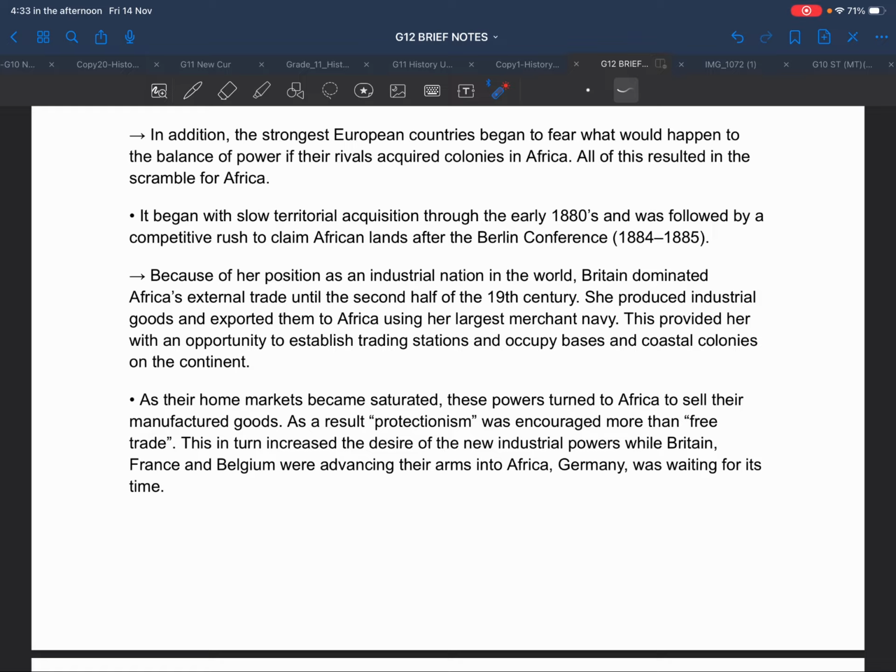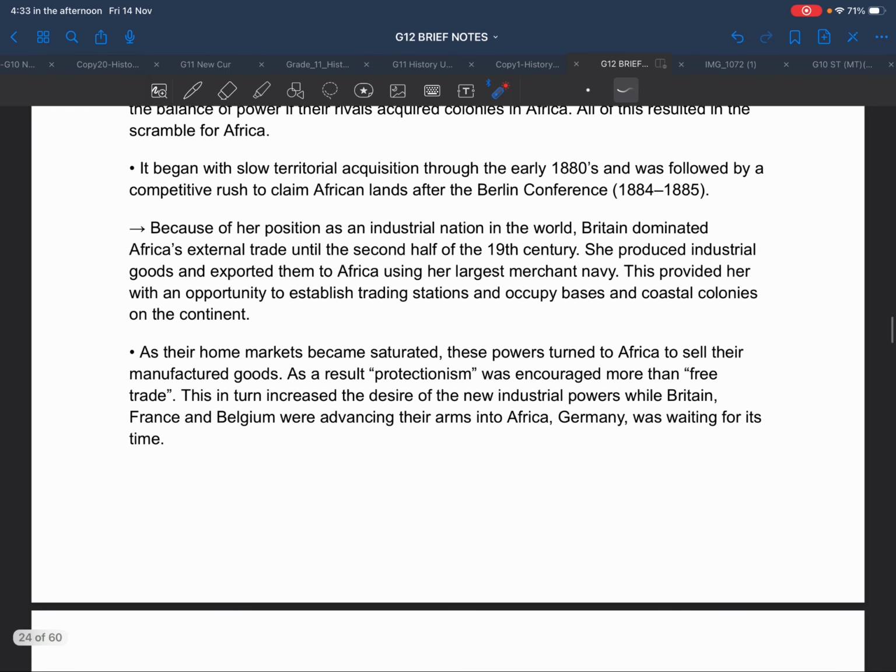It began with slow territorial acquisition, meaning control, through the early 1880s and was followed by a competitive rush to claim African lands after the Berlin Conference. Very clear: competitive, followed by a competitive rush.